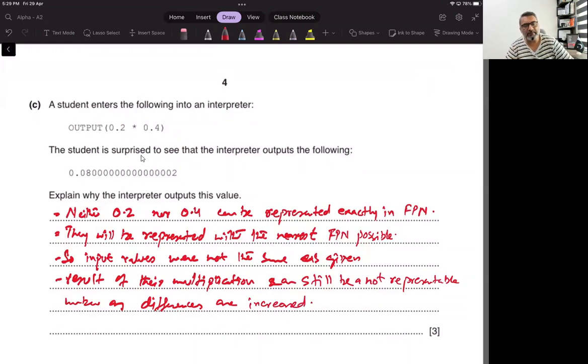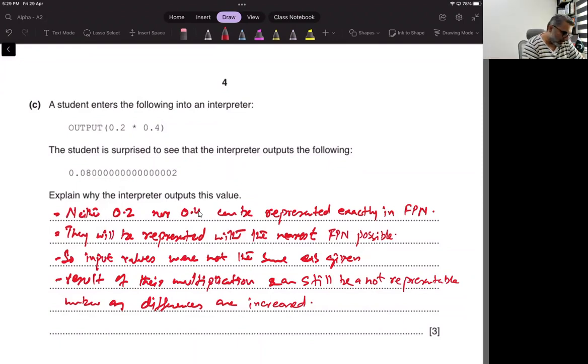What does it mean, differences? The first difference was when we were trying to represent 0.2 and 0.4 in exact FPN format, and then we multiplied them. The number that was changed just to make this operation possible was a different number, and then when we multiplied, it had become more different.